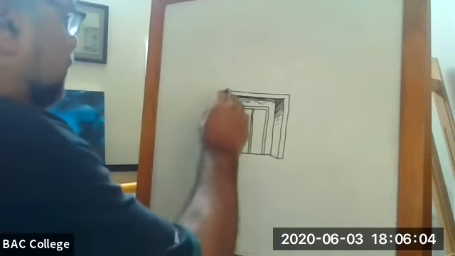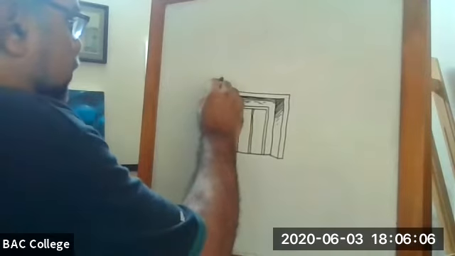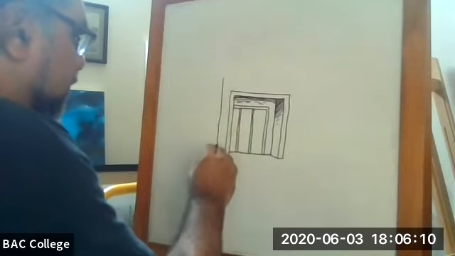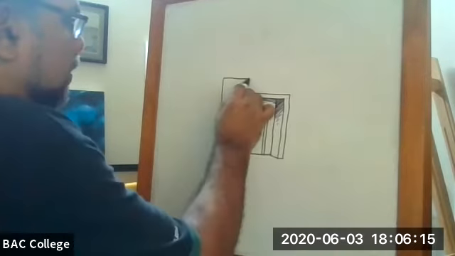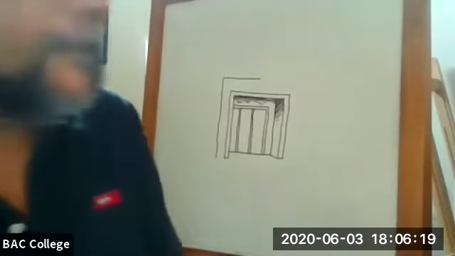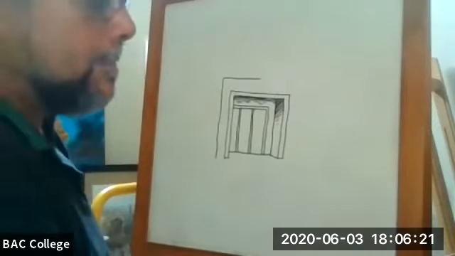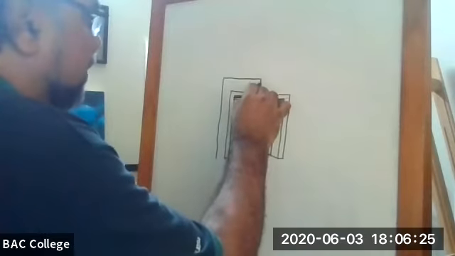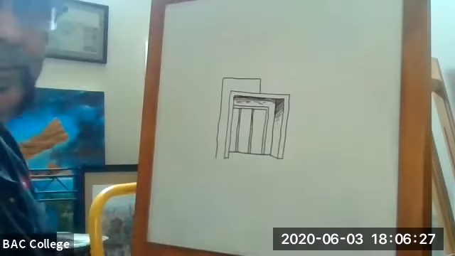Then what you do is you draw another line like this, a taller line next to it. Okay, taller line next to it. Okay, and then you go in like this.